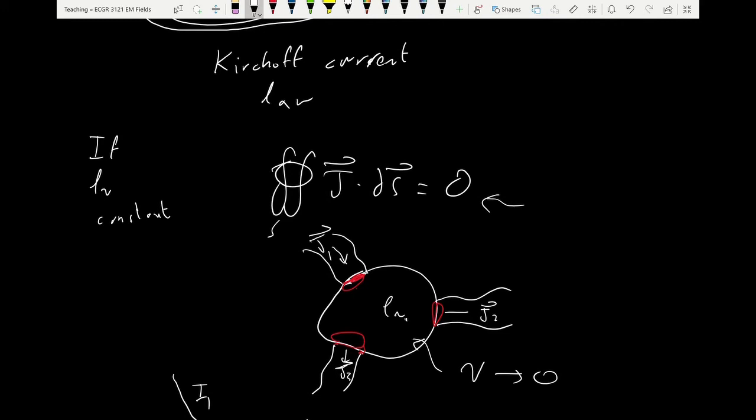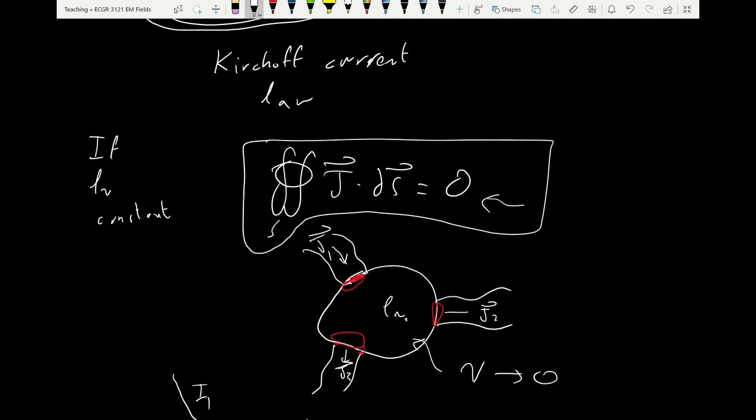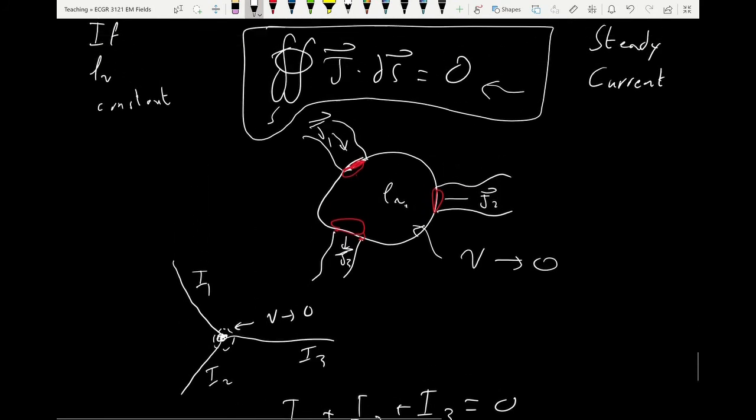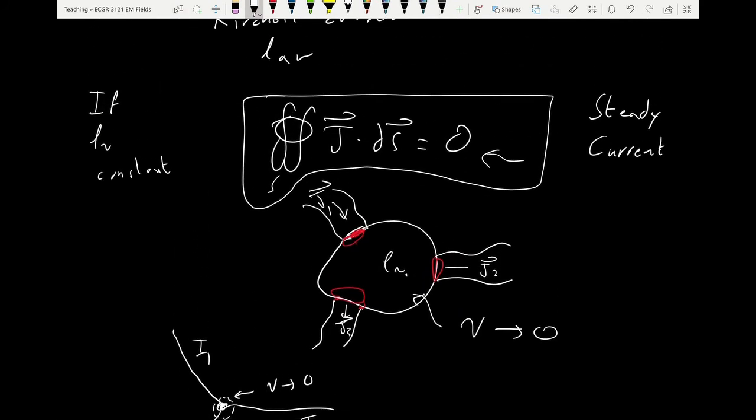That's the major difference between the field form of Kirchhoff's law and the circuit form. So this is true if rho v inside the volume does not change, for steady current, if I have a steady current coming in and a steady current coming out. This is not true for time varying current.